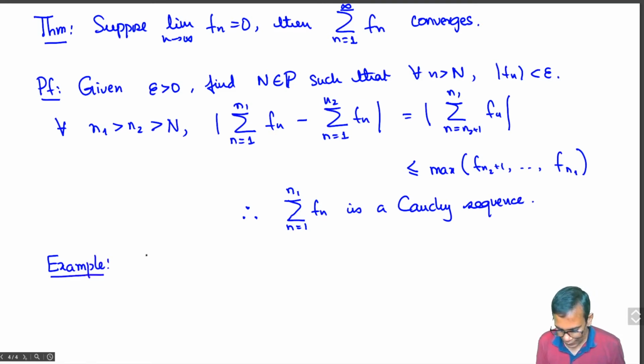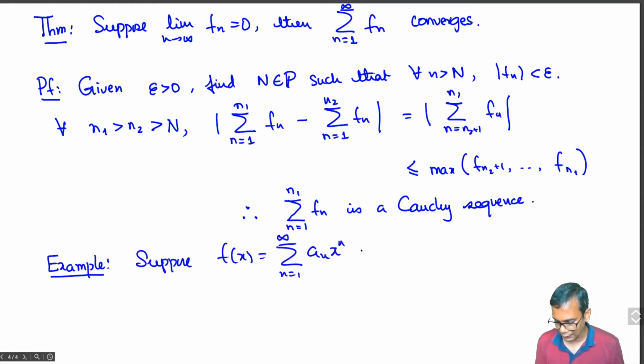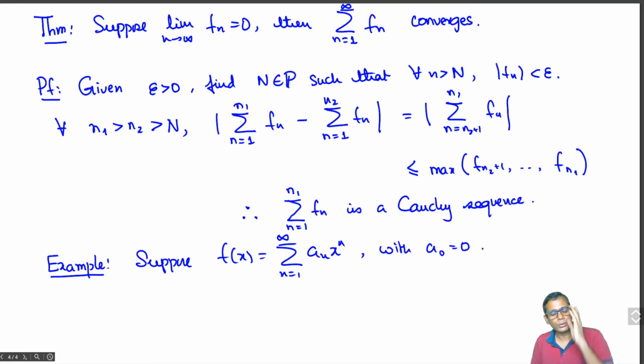So suppose we have a formal power series, summation n goes from 1 to infinity a_n x^n, with a_0 equal to 0. Now I told you that we shouldn't think of these formal power series as functions, but we tend to use certain analogies with functions.